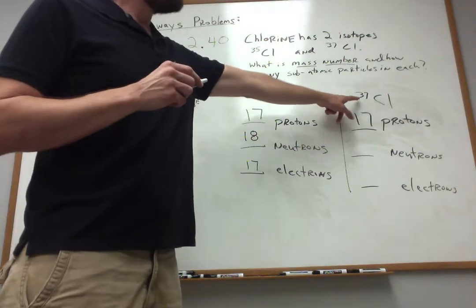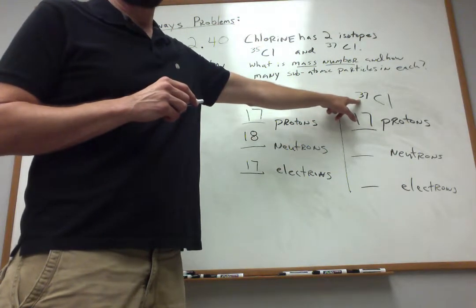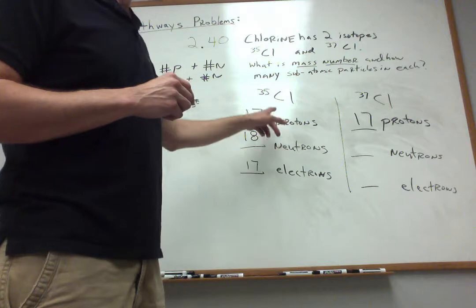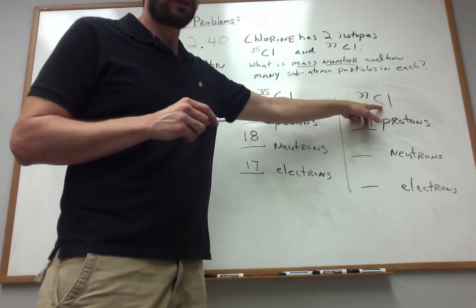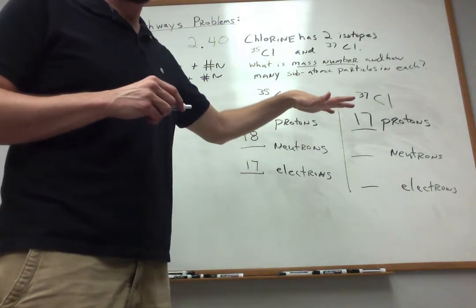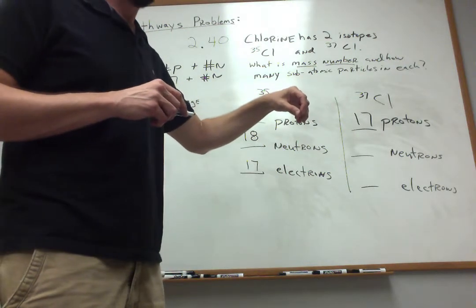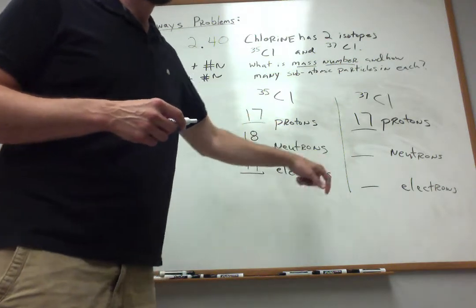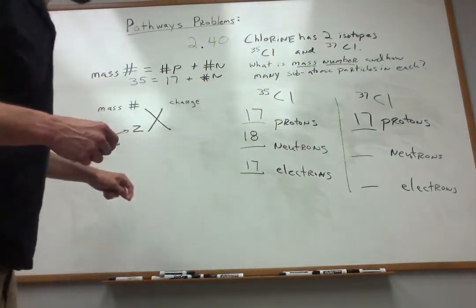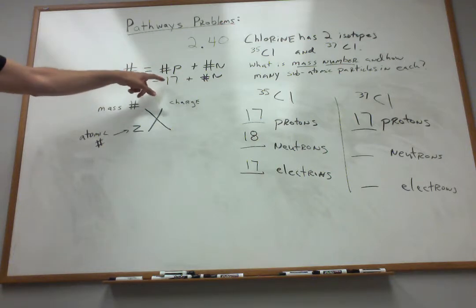Now what about chlorine-37 isotope? So chlorine-37, how does that say that one? This is chlorine-35, okay? Now, it's got 17 protons because it's still chlorine, and every isotope of chlorine has 17 protons. That's what makes it chlorine. Neutrons. Well, the mass numbers change now, but remember, the mass number is always protons plus neutrons.